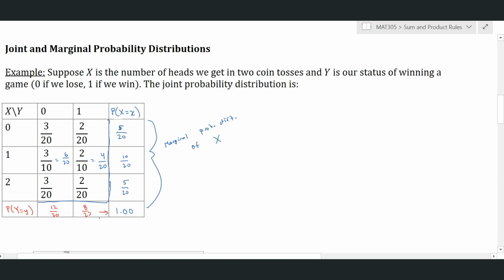So all we're doing here is marginalizing: we're focusing on a specific random variable, and we want to look at it without regard for the other variable.